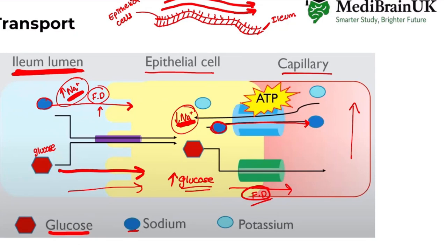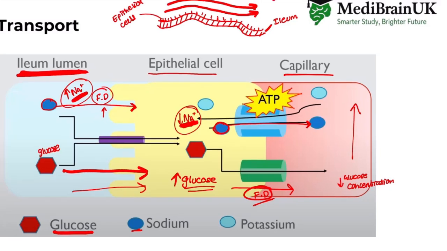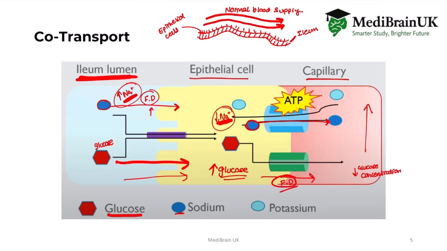So the glucose concentration is always going to be low over here because the glucose will always be transported away. It will constantly move and go to wherever it needs to go. At that initial point in time, it's going to have a low concentration of glucose. That's why glucose is able to move by facilitated diffusion.